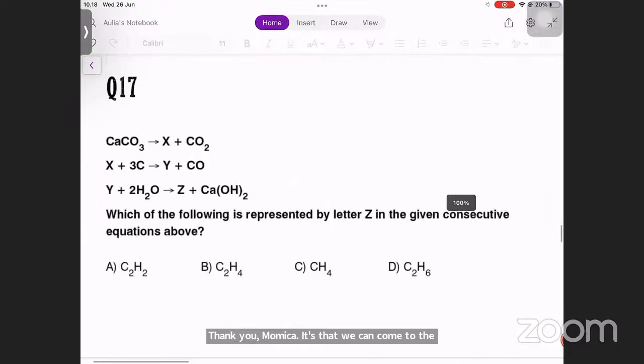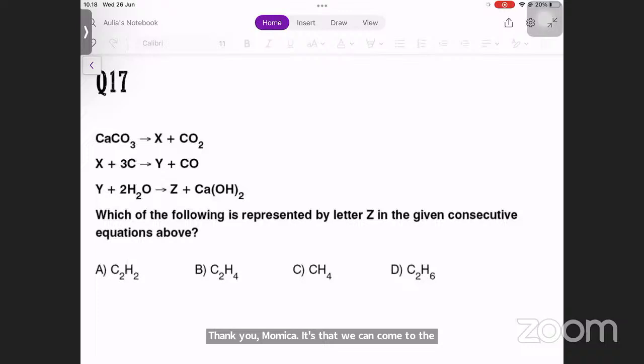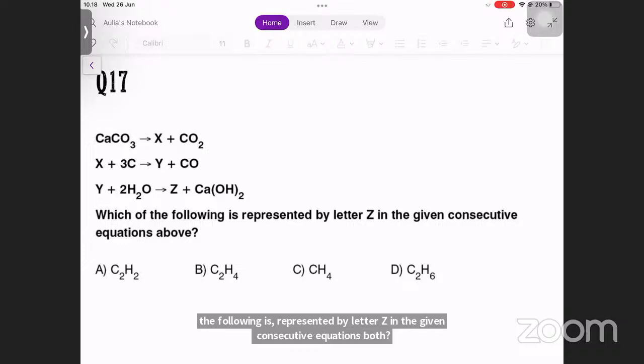Now, look, we have three reactions here, okay? And some compounds are missing. Compound X, Y, and Z are missing. The question: which of the following is represented by letter Z in the given consecutive equations above?